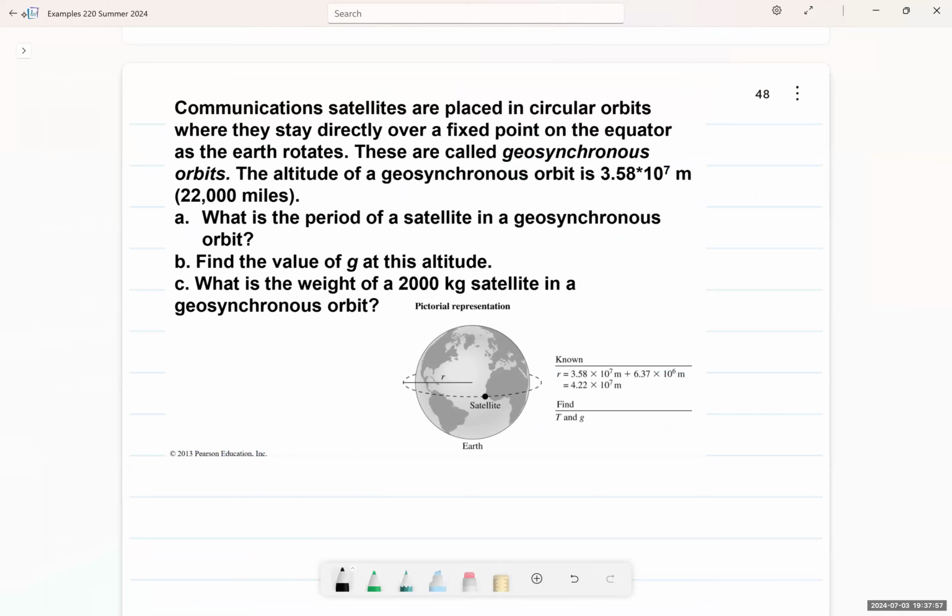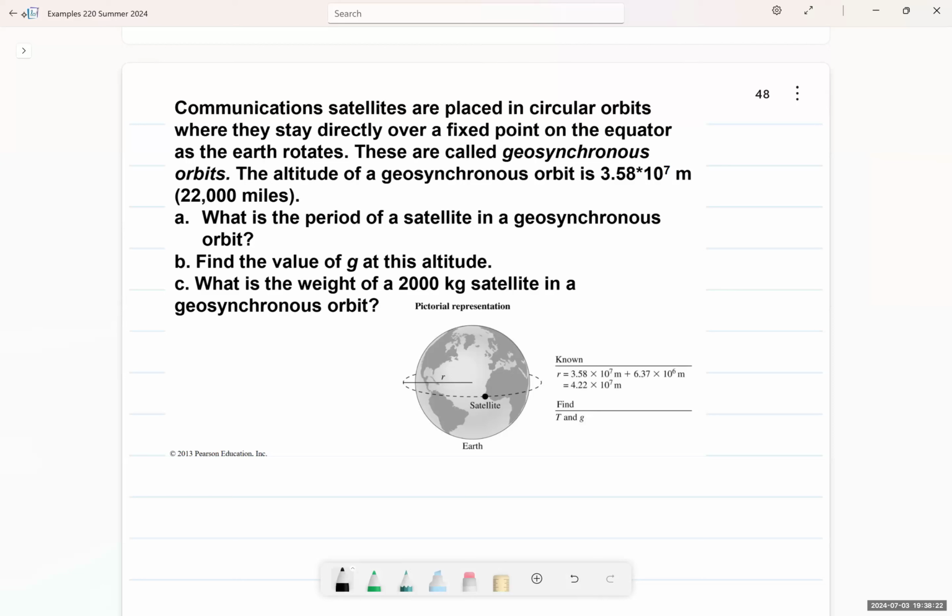What we want to know here is: what is the period of a satellite in a geosynchronous orbit, find the value of g at this altitude, and what is the weight of a 2,000 kilogram satellite in a geosynchronous orbit.